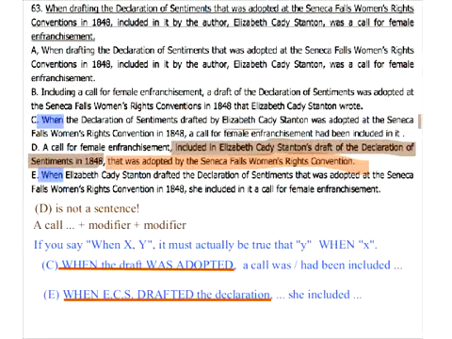Well, that's actually when she did it. This is precisely the time when she included the call. It's when she drafted the declaration. That's exactly when she did that. So, right.